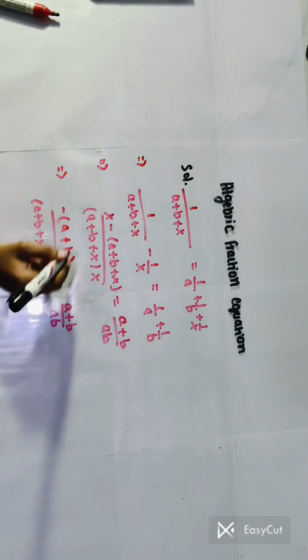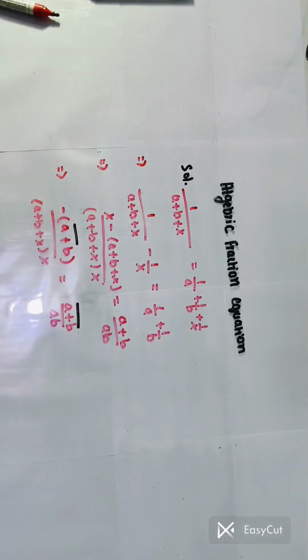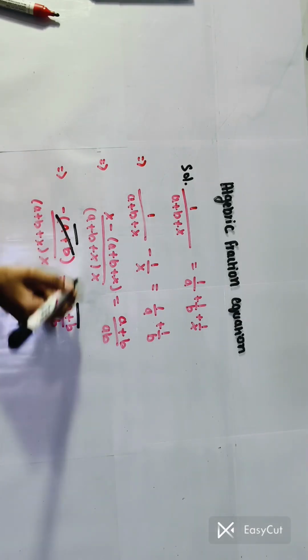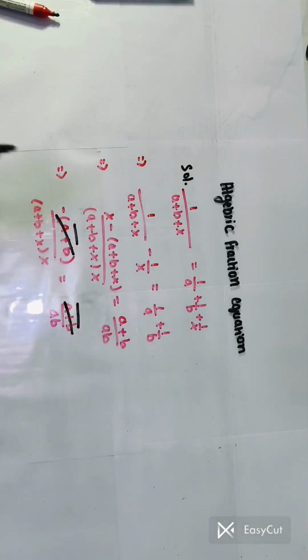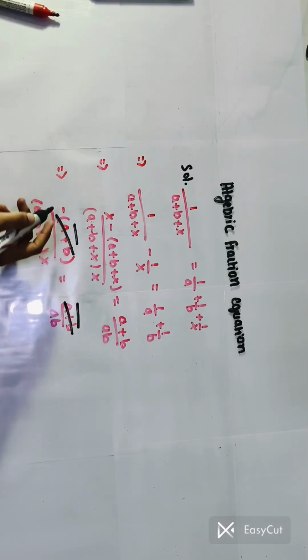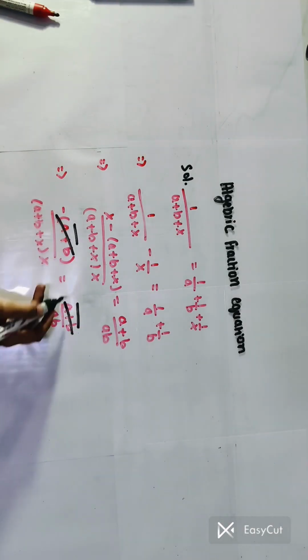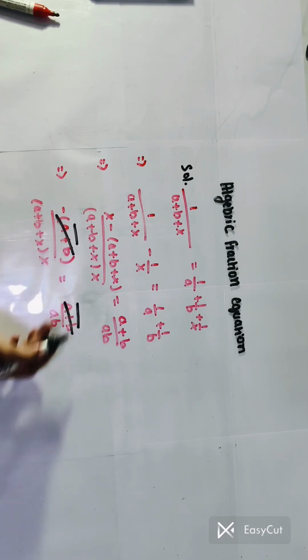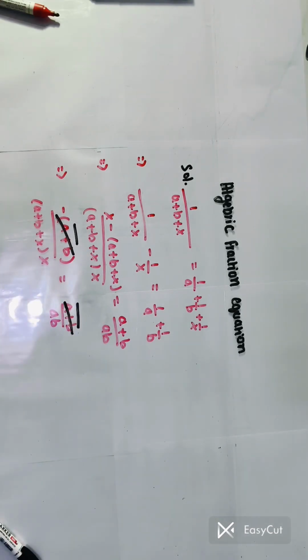Now as you can see, a plus b, these both are similar. We can simply cancel them out because the numerator is similar, but we can't cancel the sign. We can only cancel if both sides are similar and negative sign is not in this side, so we can't cancel that out.